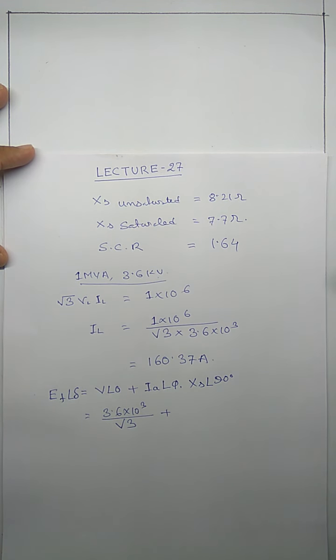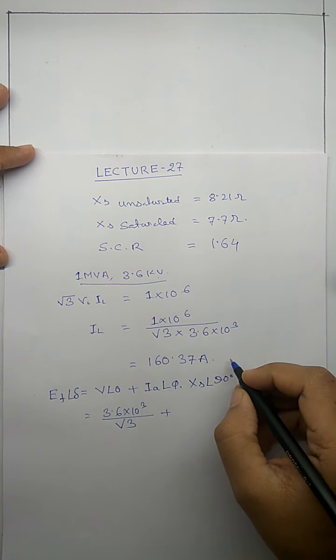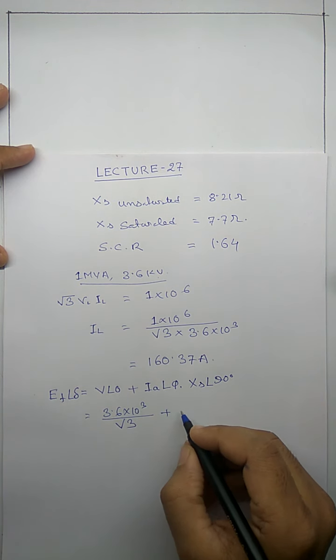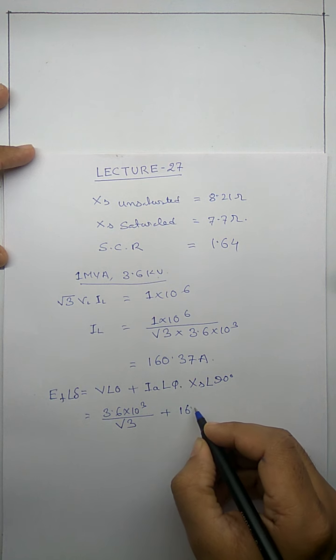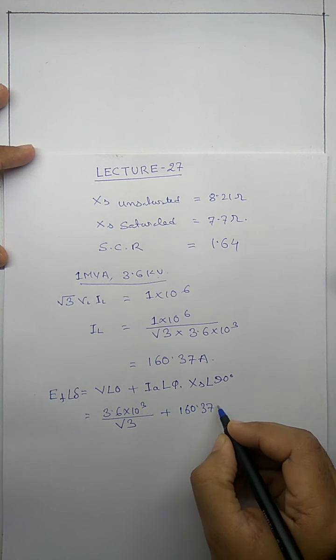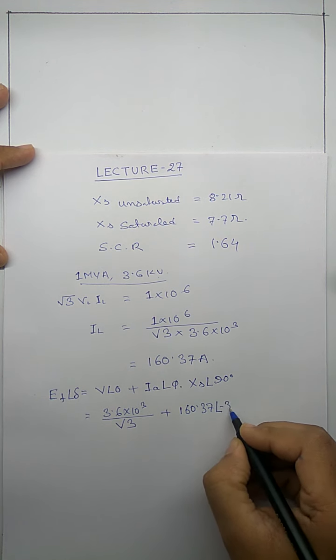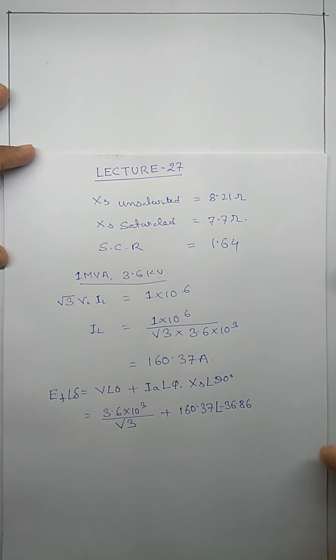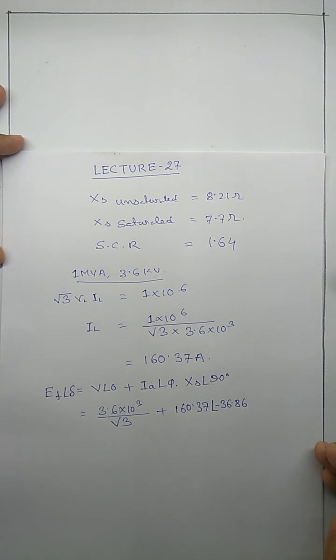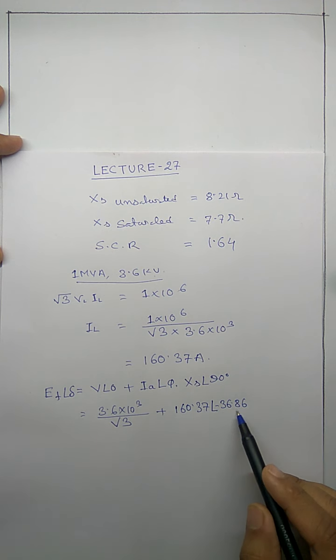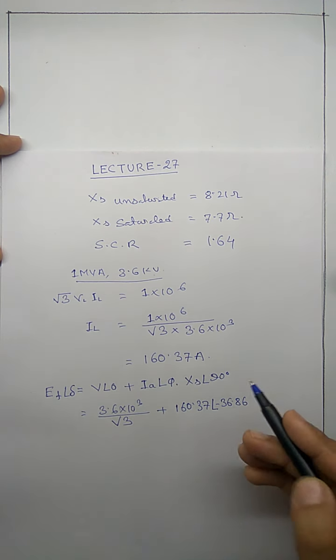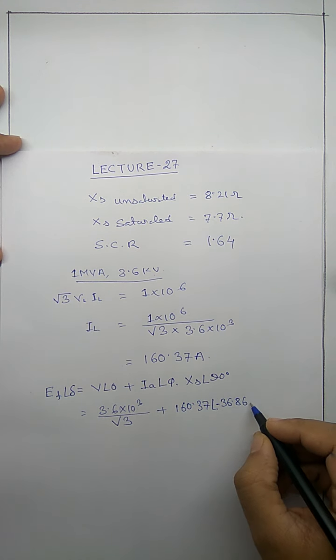Now this is a star connected machine, so line current is equal to phase current. So here we will put 160.37 at an angle of minus 36.86. From where did we get this? It is mentioned that the power factor is 0.8, so cos inverse 0.8 is 36.86, and lagging, that's why minus, into X_S.